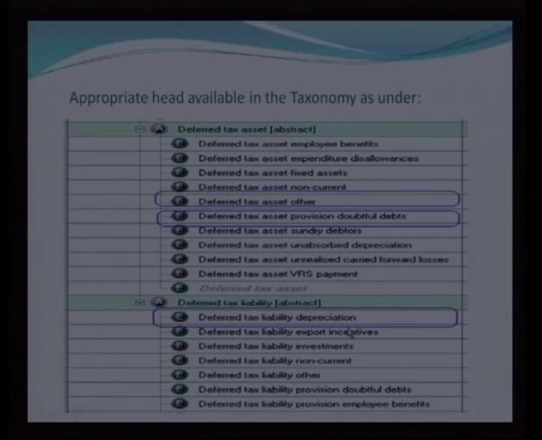Three different tags were available, and we were required to tag this particular schedule with three different tags. But what we have done is tag it with a single value, and this will give a very misleading picture to our stakeholders.